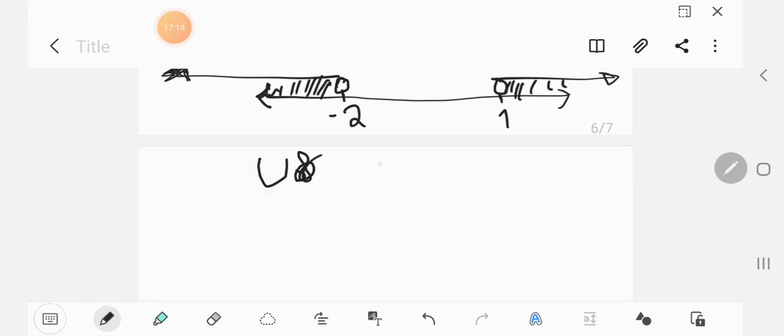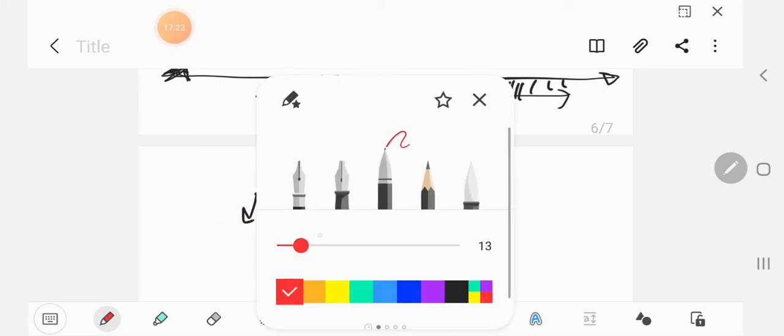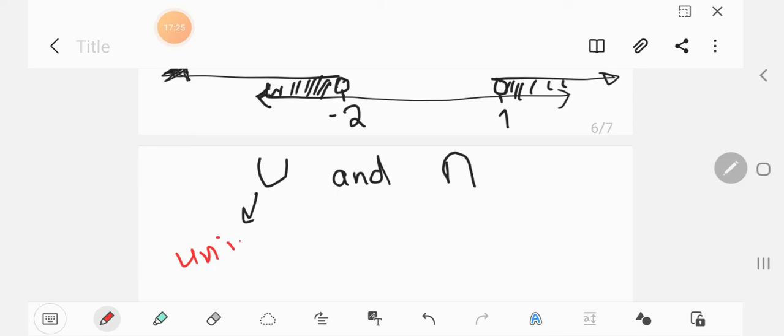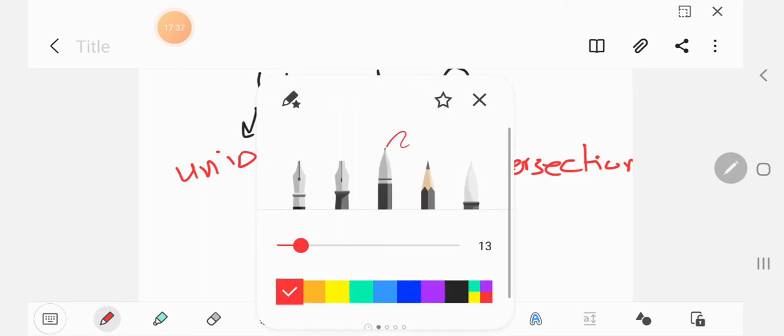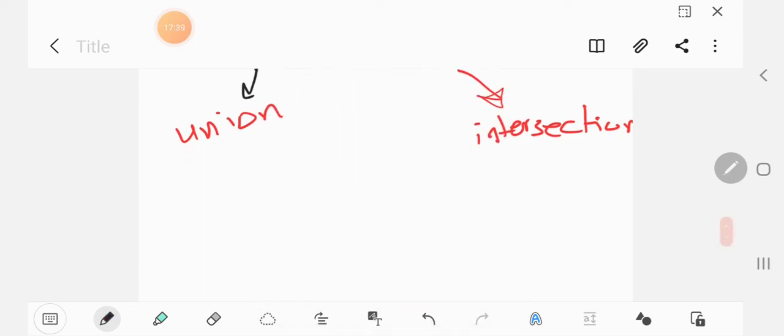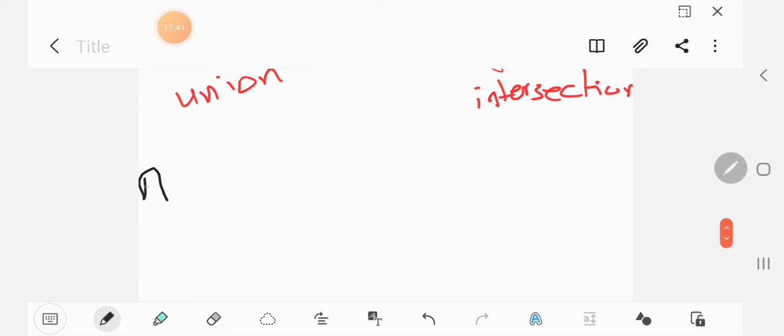and intersection? This one is called union and this one is called intersection. Union and intersection. Again, union and intersection. If we start, we have here set A containing 1, 2, 3, and 4.